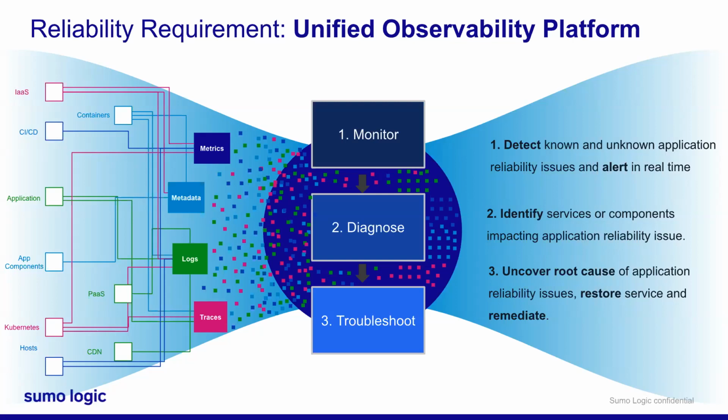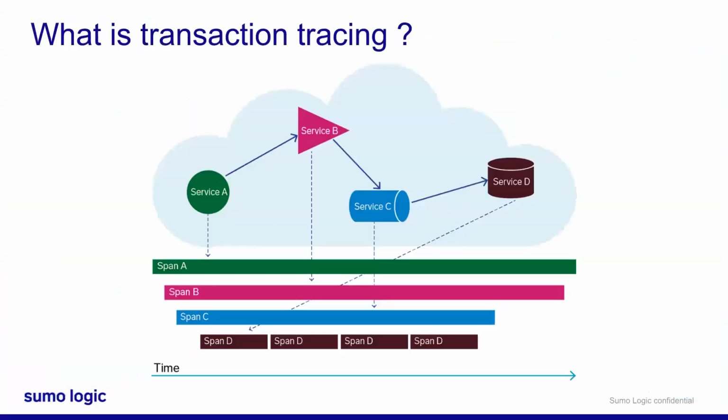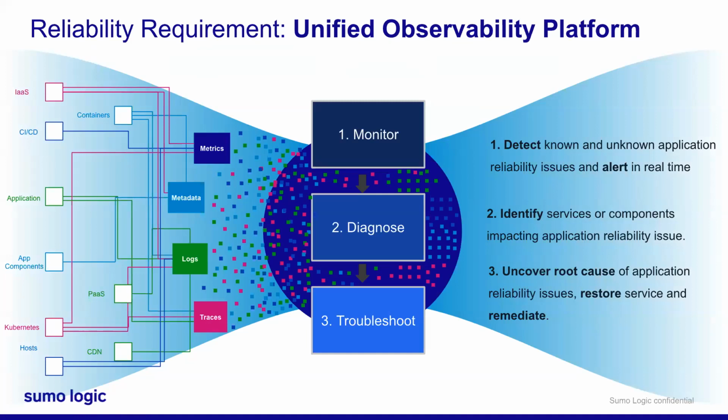And number two, you need the ability to use these signals to monitor, detect all application issues and alert in real time, identify the apps or components which are actually impacting your application, and troubleshoot and get to the root cause of the issue. Sumo Logic provides a comprehensive observability solution that provides all of these capabilities to monitor, identify, as well as troubleshoot the issues.